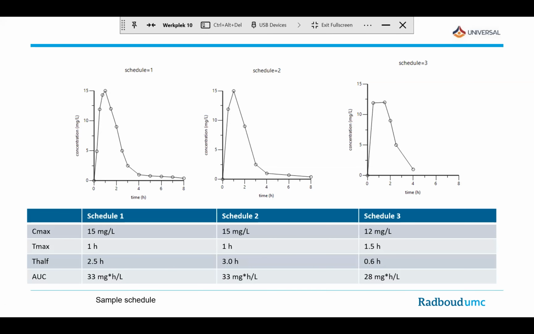So I hope I've made clear that choosing your sample schedule, especially for intensive curves, is very important for the results you get out of your study. If you don't have a sample taken at around the Tmax, you'll just miss it.